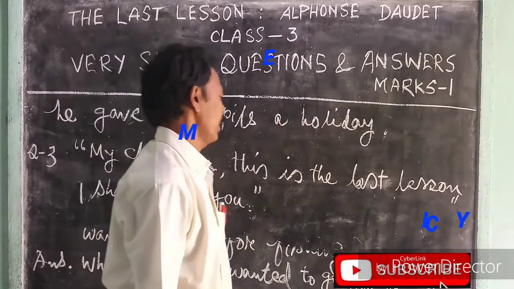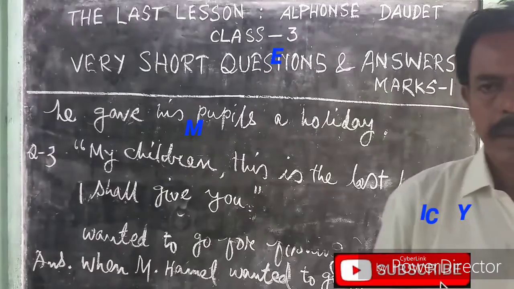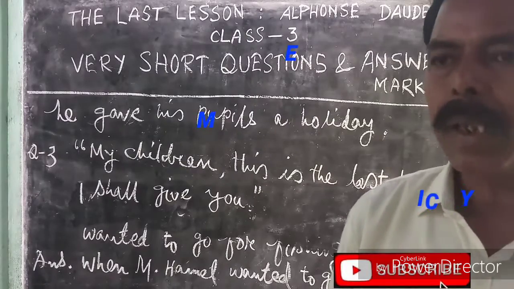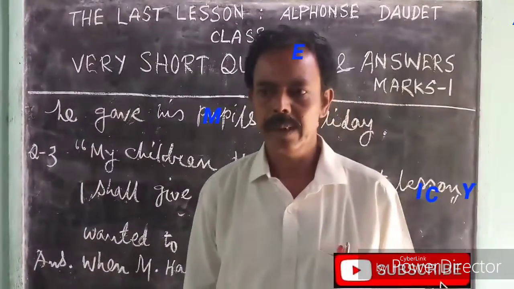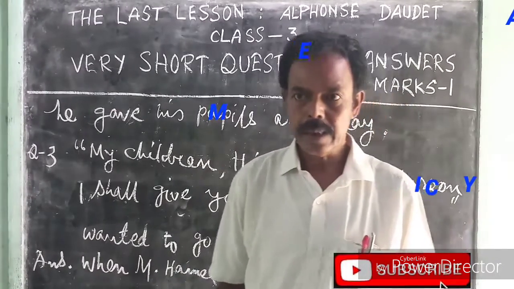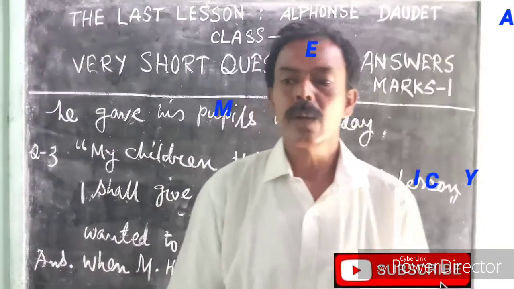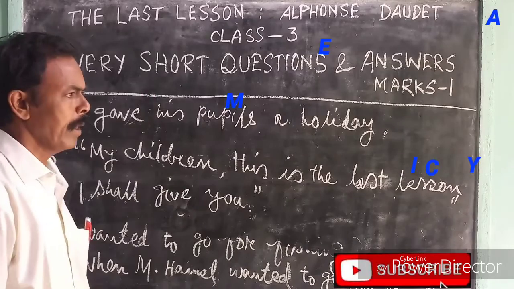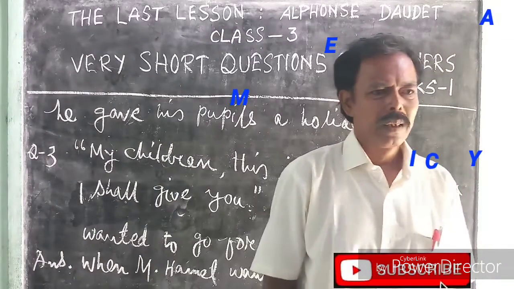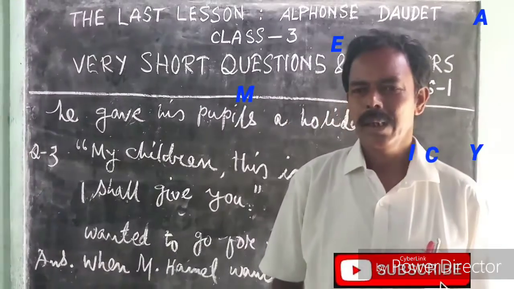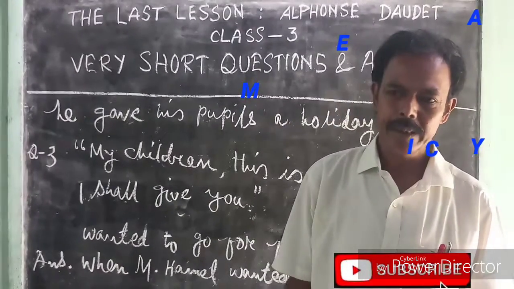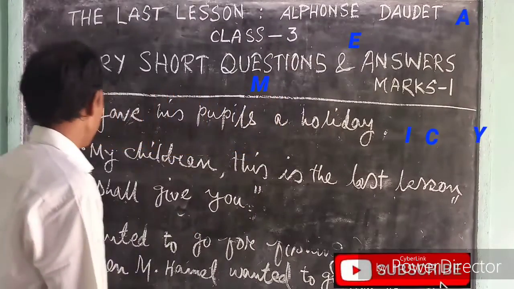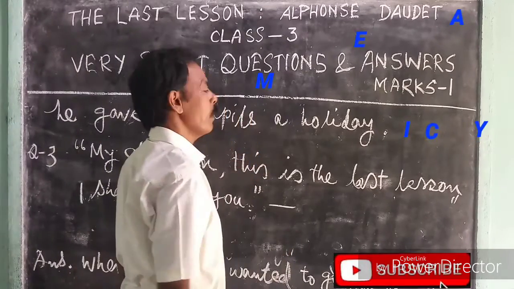This is one quotation adapted from the text of the short story. It is our duty to go through the textual paragraphs as well as sentences, characters, comments, so as to know who is who. My children, this is the last lesson I shall give you. It is very easy to realize that this comment is surely from the teacher. M. Hamel being the teacher, this is his comment. The quotation is questioned.